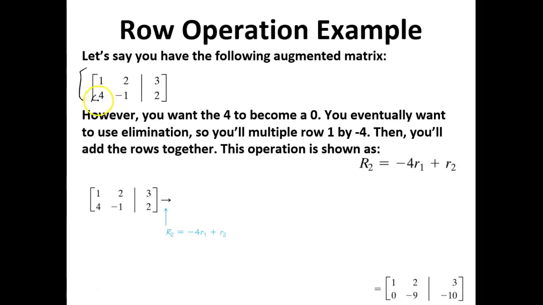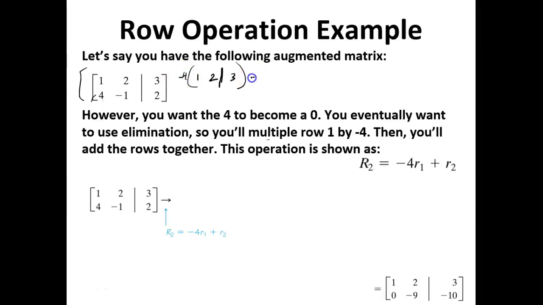Kind of like elimination, when we did this with just the actual equations, we're going to take row 1, that's this whole row right here, which is 1, 2, and 3, the little line. We're going to take that and multiply it by -4.